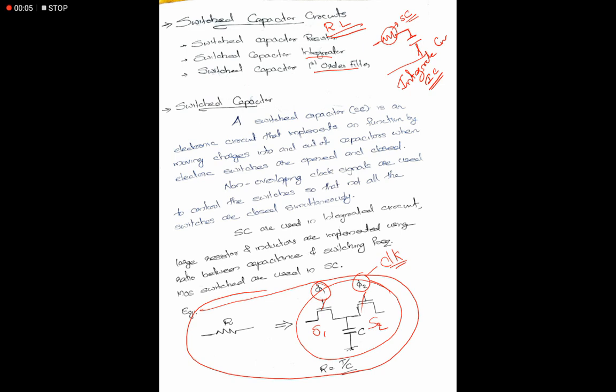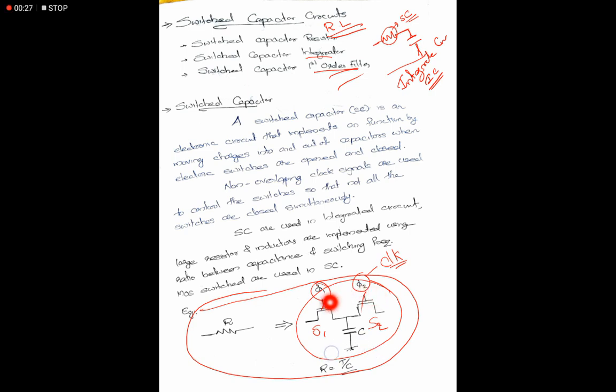Last class we started with the switched capacitor circuit and we discussed the switched capacitor resistor and the switched capacitor low pass filter. In a switched capacitor resistor, a resistor can be implemented using a capacitor and two switches.